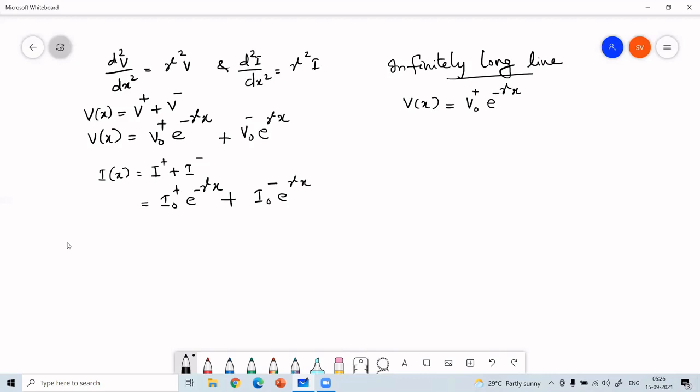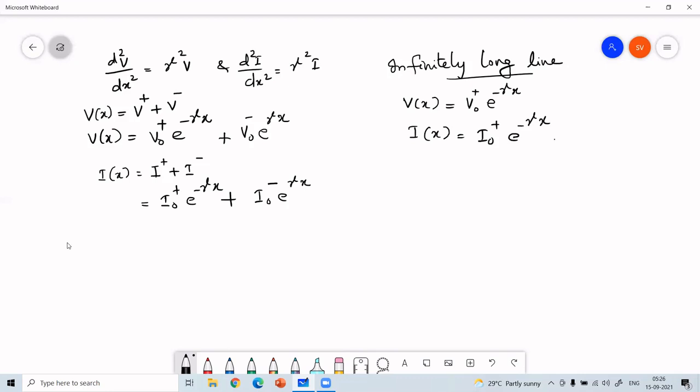So V of x can be written as V0 plus into e raised to minus gamma x. There is no reflection. Similarly, the current can be written as I of x is equal to I0 plus e raised to minus gamma x.